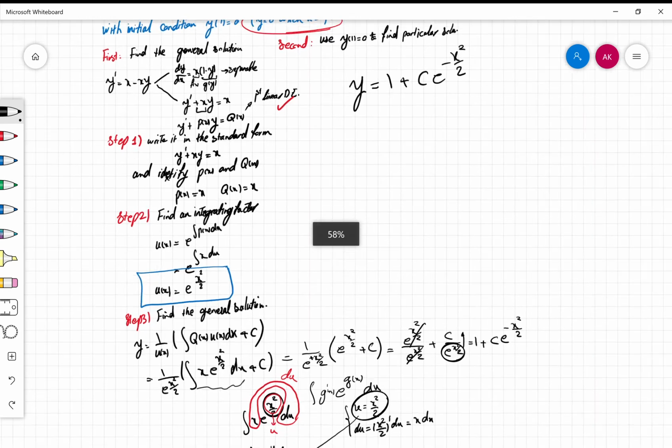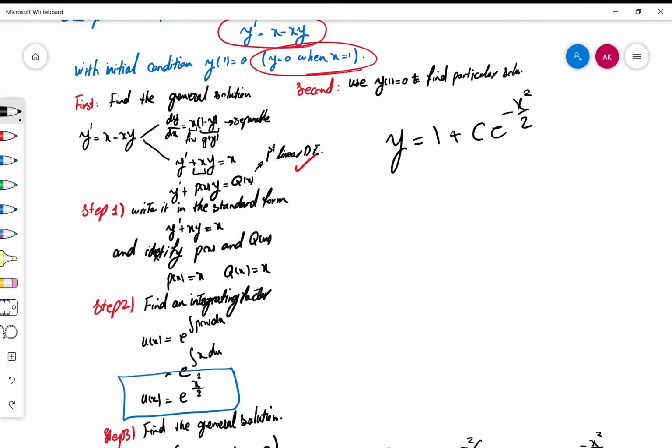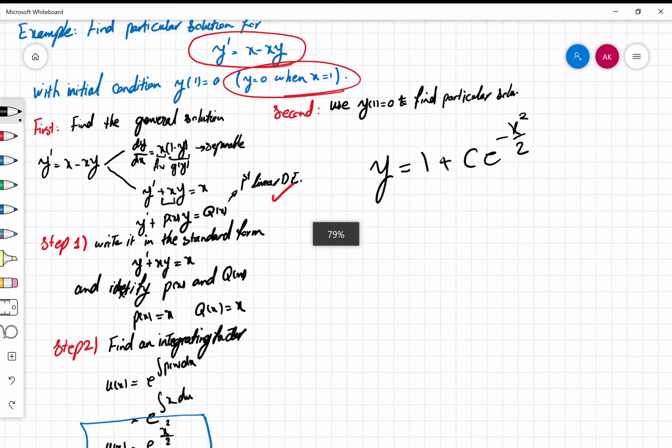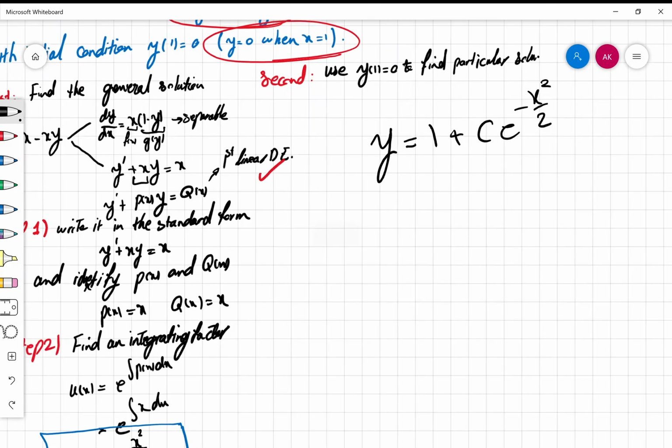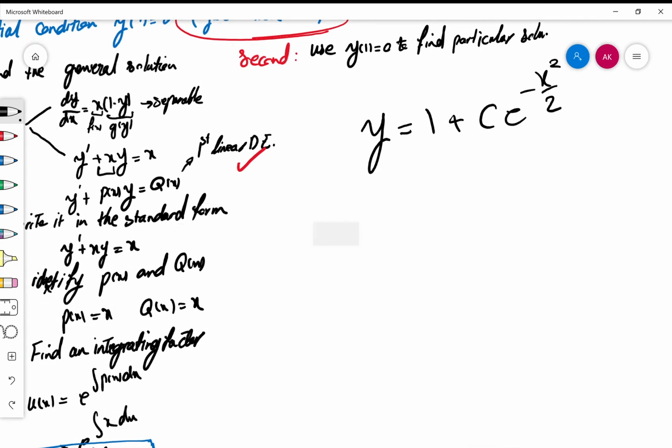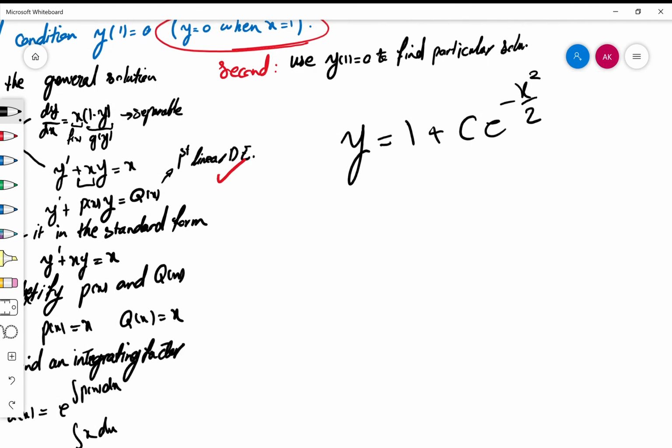It's done. We used the formula we have for linear differential equations. Now it's time to apply the initial condition. It means we plug in x equals 1 and y equals 0 and find c from there. So it will be 0 equals 1 plus c e to the power minus 1 squared over 2, since x is 1.